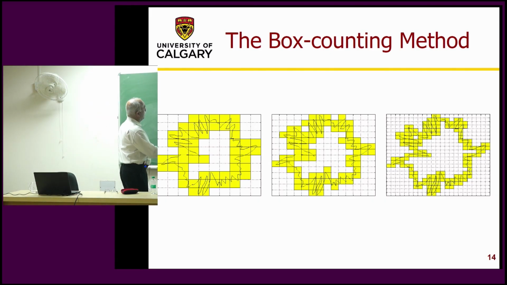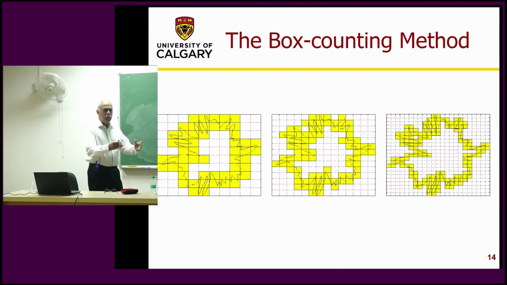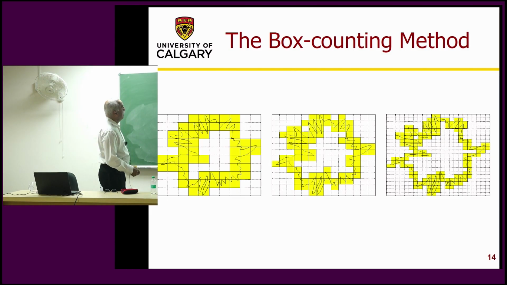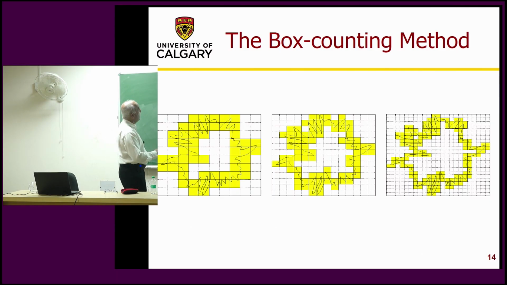So this is the contour given. Contour pixels are patterns. What is inside and outside doesn't matter. The box counting method in 2D says, you can do it in 1D also, superimpose a grid of some scale, this box, and count all the boxes that have some piece of the pattern, all the highlighted ones.